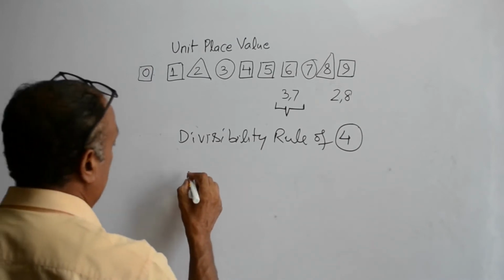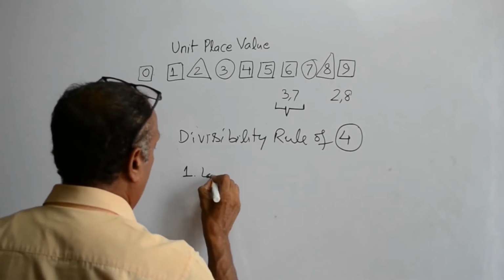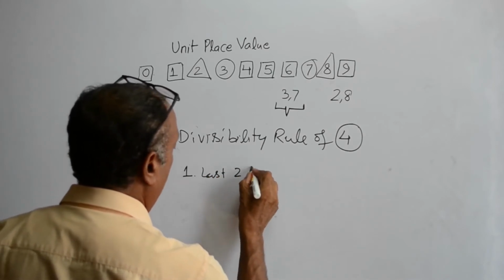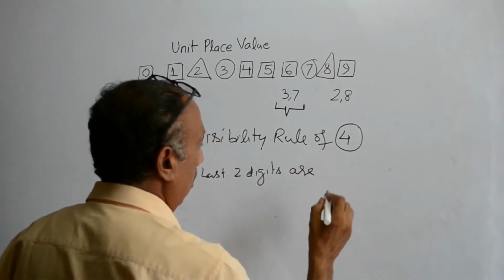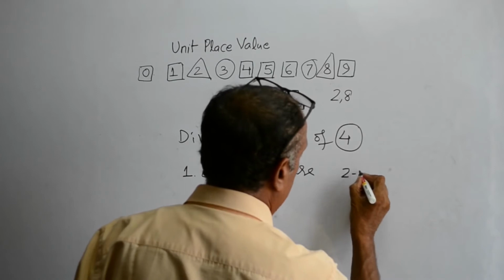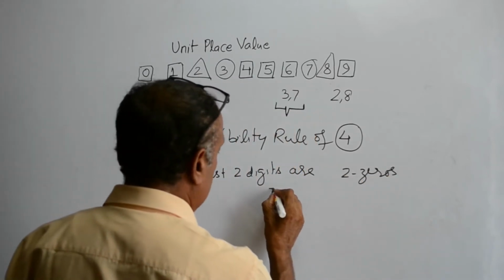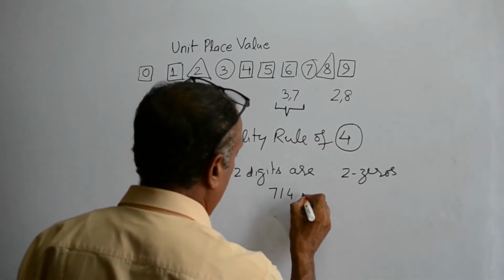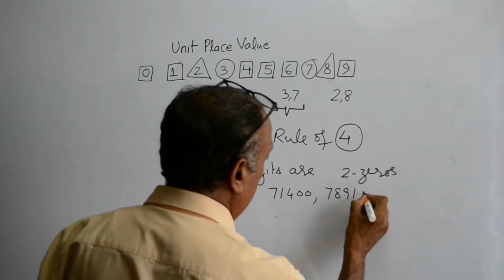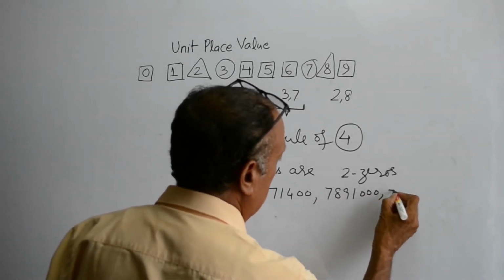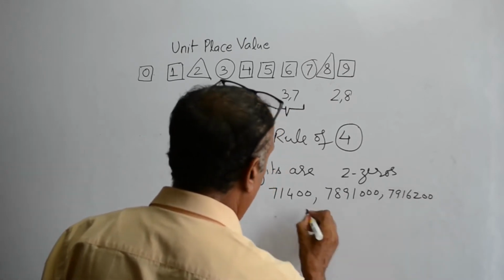A number is divisible by 4 if its last two digits are two zeros, for example 71400, 7891000, 7916200.